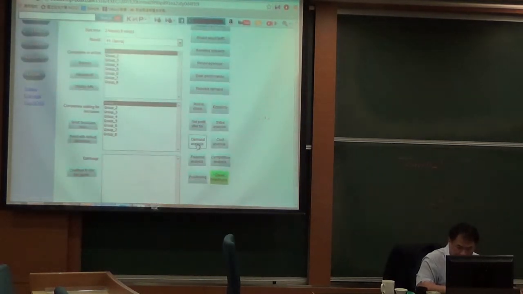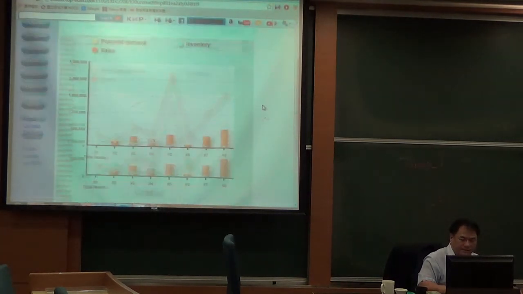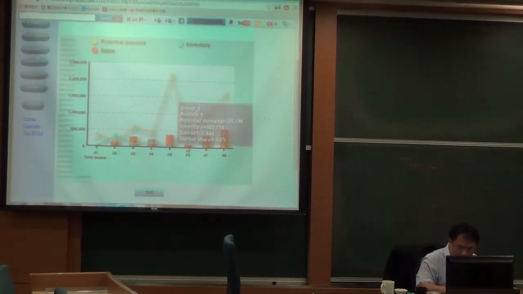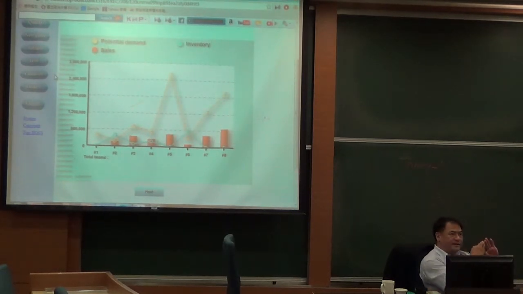Also, this is a very important analysis called demand analysis. In this chart, let me show the number first. The first one is group 1, group 2, group 3, group 4, group 5, group 6, group 7, and group 8. You see 3 colors here.